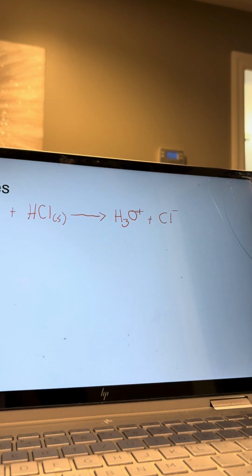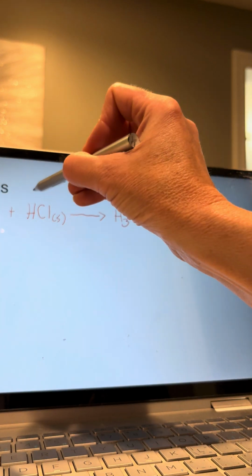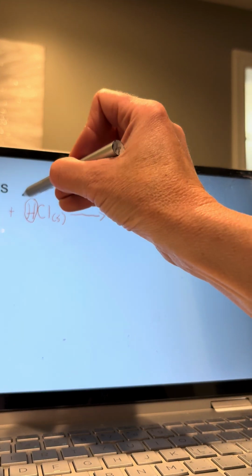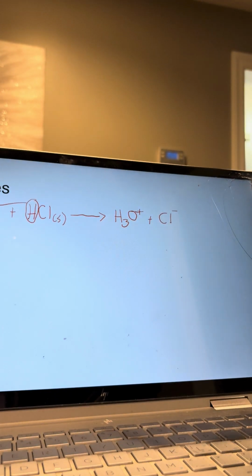Okay, so if we look at this, all right, which one then would be considered the acid and which one would be considered the base? So I can pause for a moment and you can look at it, and I would ask you normally what the answer would be, but since I'm not with you, I'm just going to tell you. If you notice here, this hydrogen went to the water.